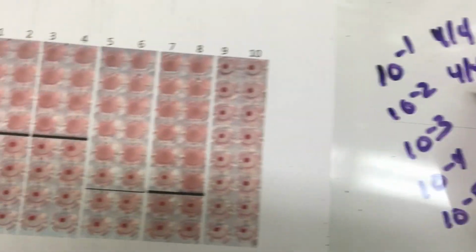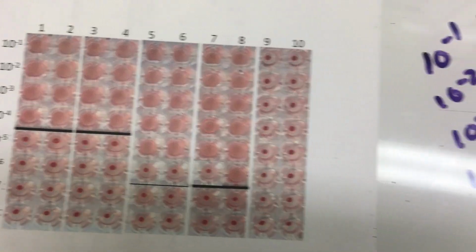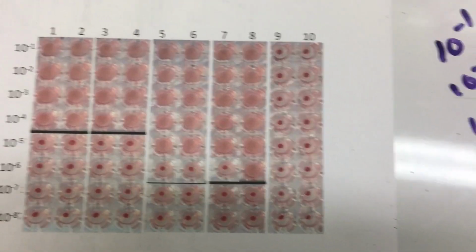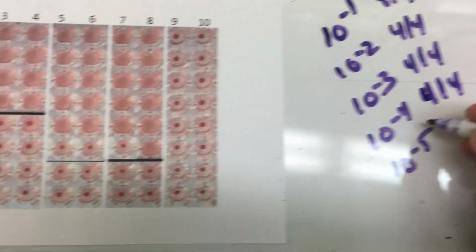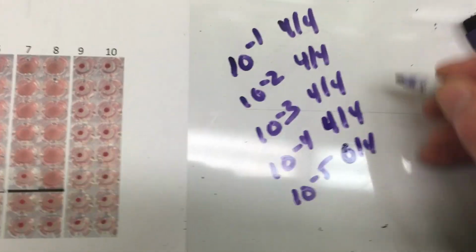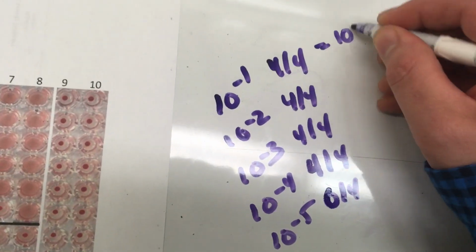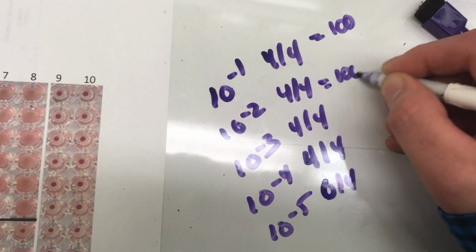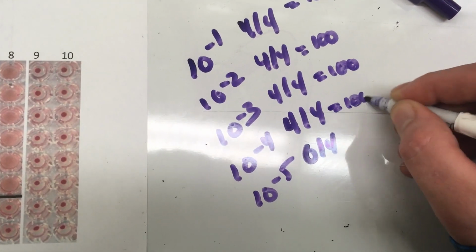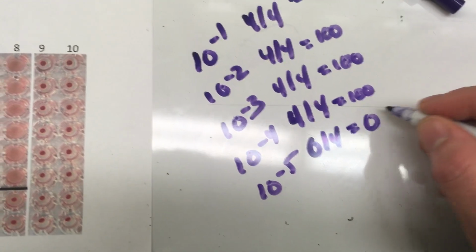For the next one, another 4 out of 4. For 10 to the 3, 4 out of 4. For 10 to the 4, 4 out of 4. For 10 to the 5, we have 0 out of 4. So we have 100%, 100%, 100%, 100%, and 0%.